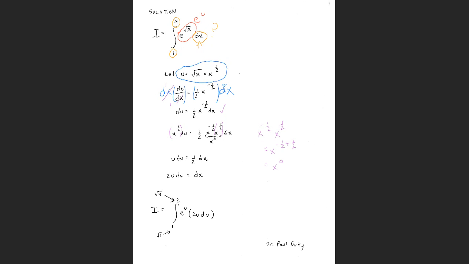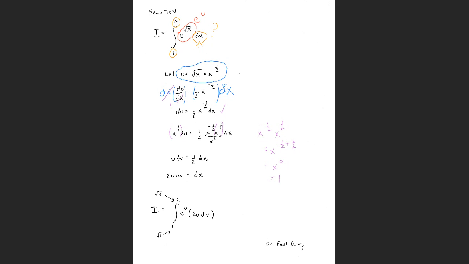That equals x to the 0 power. We add the exponents when we multiply, and the bases are the same. Negative 1/2 plus 1/2 is 0. And that x to the 0 power just equals what? What is x to the 0 power? 1.